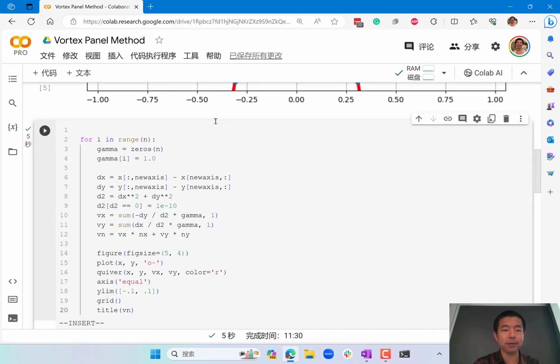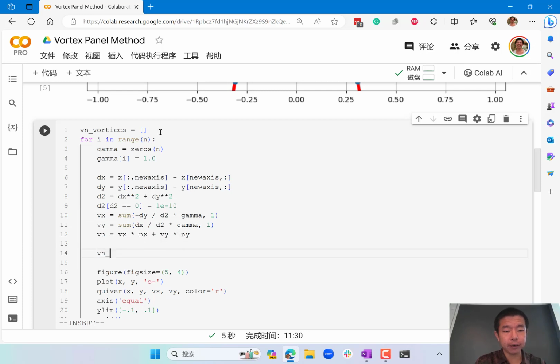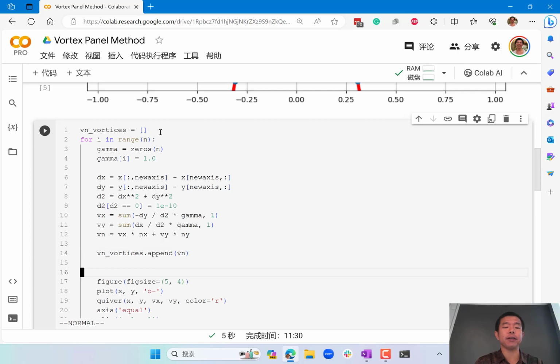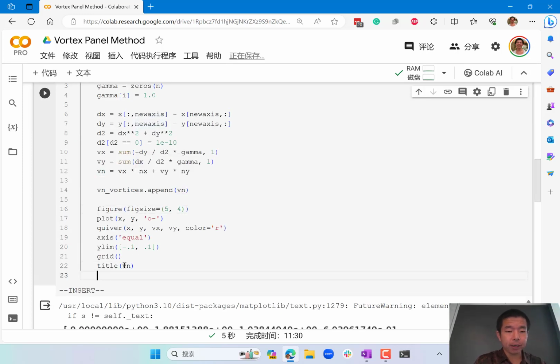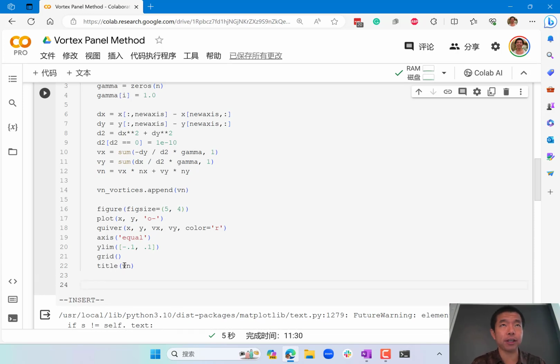So let's use an array, Vn vortices, to record all of these normal velocities. And we'll also compute the normal velocity induced by the free stream.